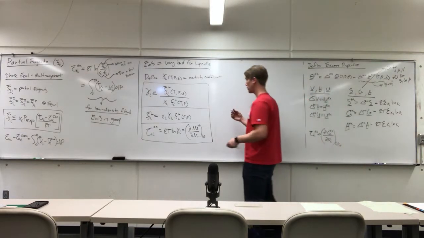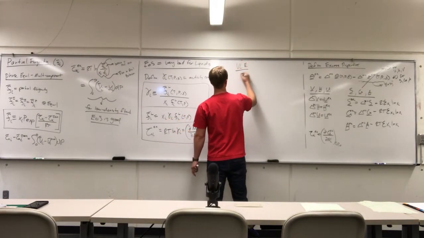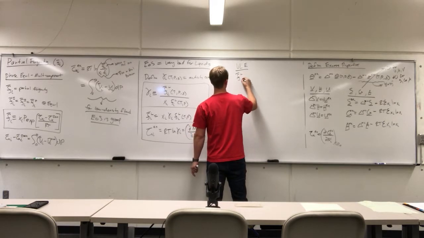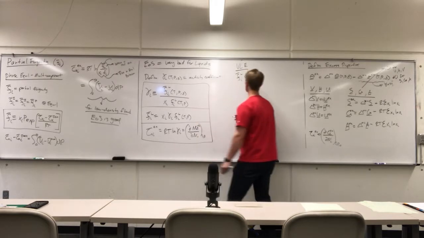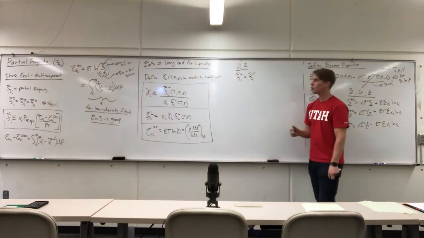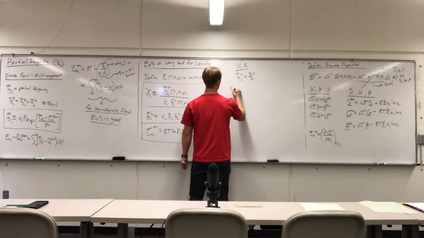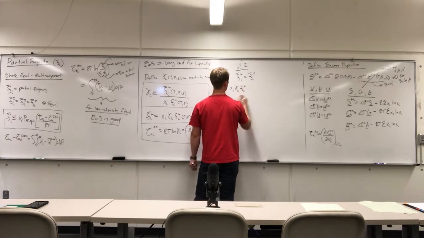Now what we care about is for vapor-liquid equilibrium, we want the partial fugacity of the liquid phase of species i to be equal to the partial fugacity of the vapor phase of species i. So what we have now is an expression for the partial fugacity of the liquid, x_i gamma_i f_i^L.